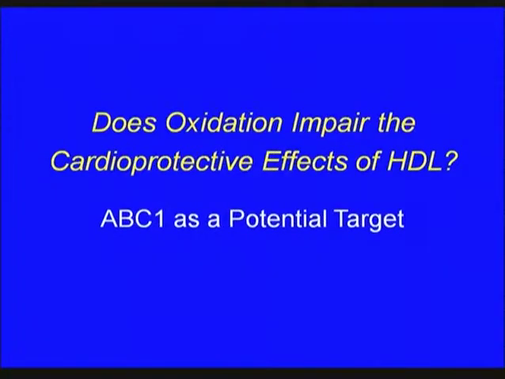So based on these and other studies, we proposed that HDL was also a target for oxidative damage in humans with coronary artery disease. So one of the ideas for what HDL is doing is, as I said earlier, that it's removing cholesterol from macrophages.